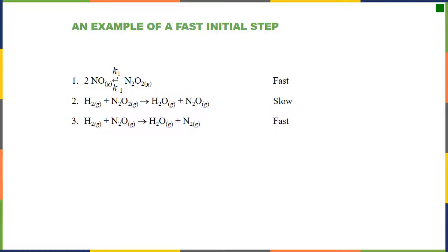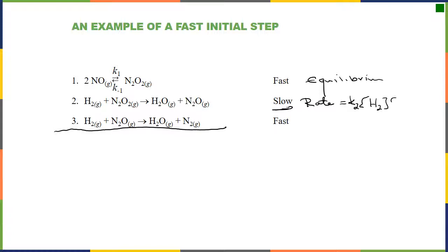So first of all, we can always take our reaction and write our overall reaction for this. This first step is fast, in equilibrium. This one is slow, meaning this is our rate determining step, and we always write our rate law from the slow step. So we're going to say that rate is equal to k2 multiplied by hydrogen multiplied by N2O2.